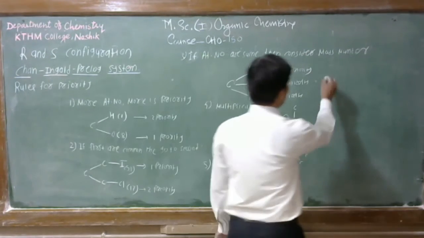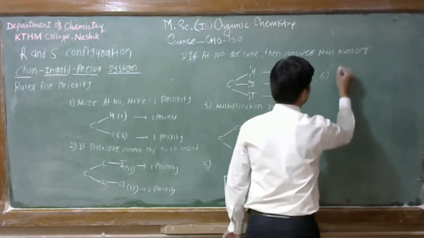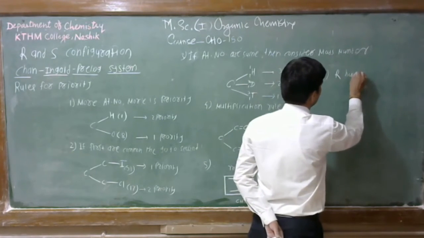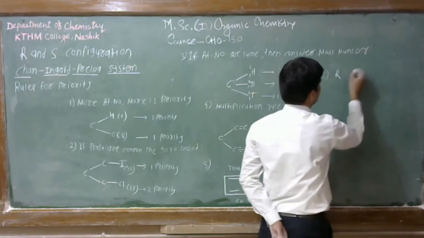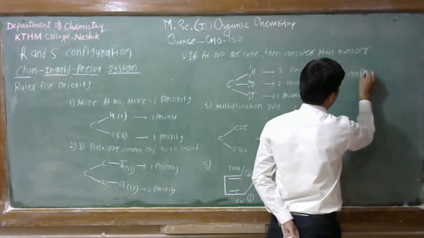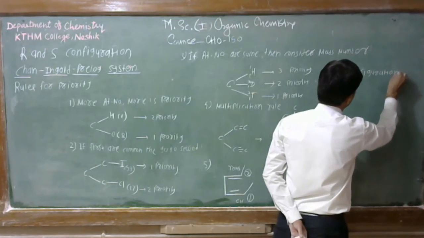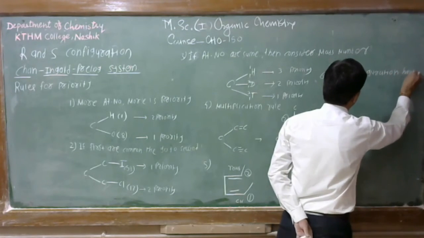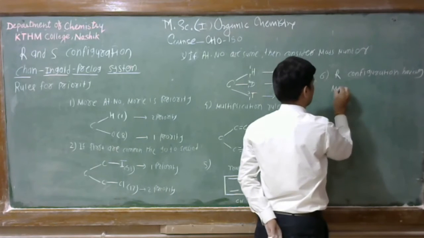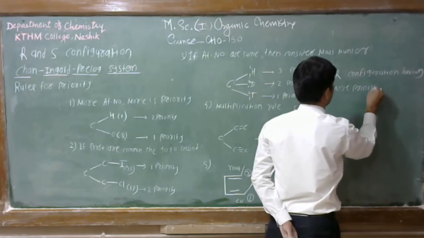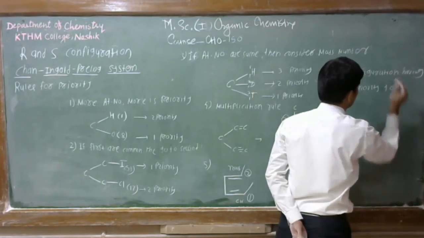The sixth rule is that the R configuration has more priority than the S configuration.